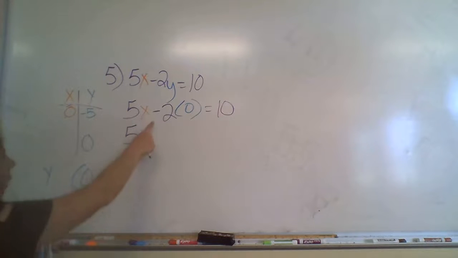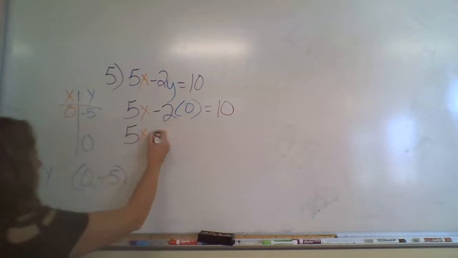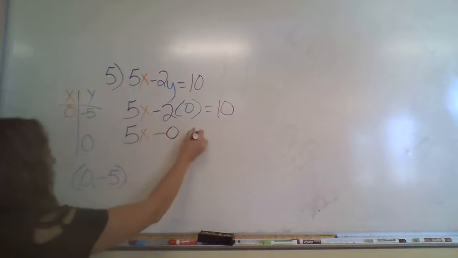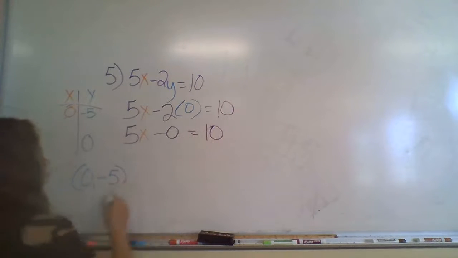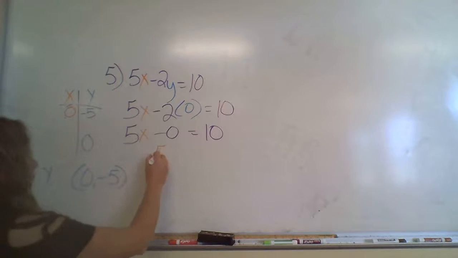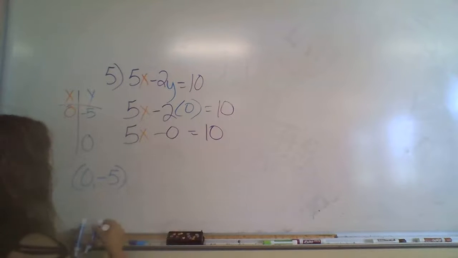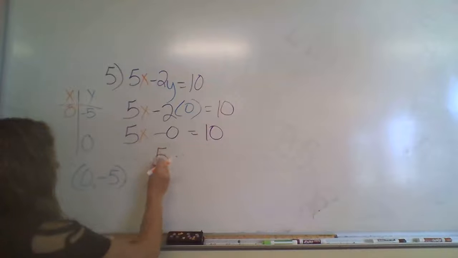Okay, negative 2 times 0 is 0, so minus 0. So then you are left with, oh, my bad. That was very satisfying, though. It was a good 5.